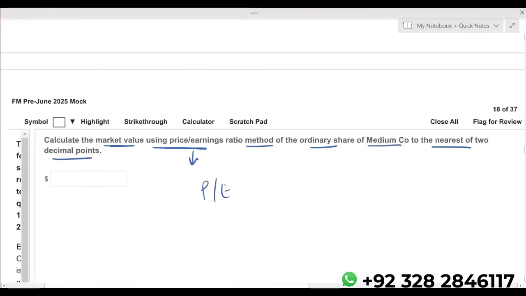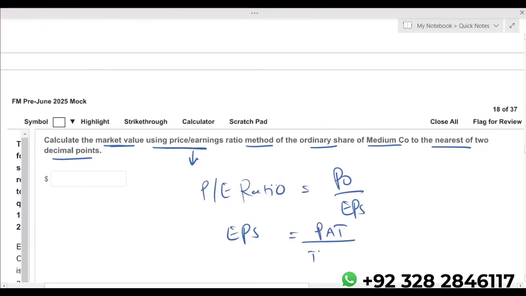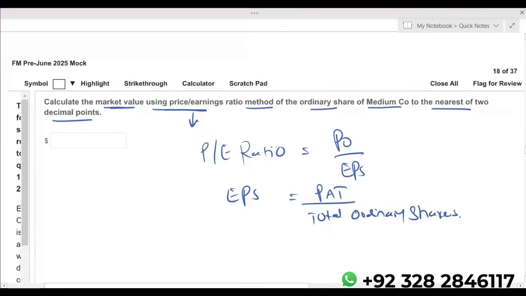P/E ratio is actually equal to P naught upon earning per share. EPS is simply profit after tax divided by total ordinary shares. We know very well in financial management, while calculating earning per share, we do not go for IAS 33 formula, okay?